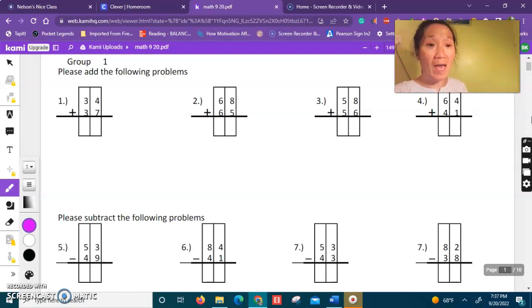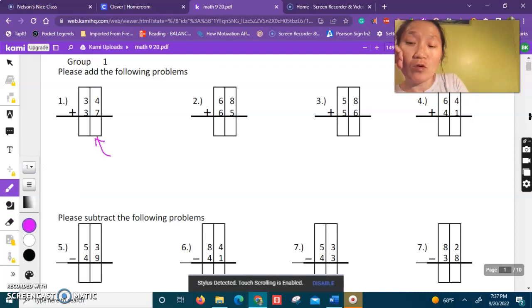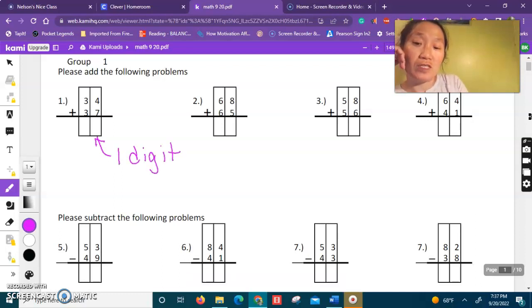Now, one thing that you have to remember is this spot right here. This spot can only hold one digit. It cannot hold 2 digits. Cannot do that. It can only hold 1 digit.